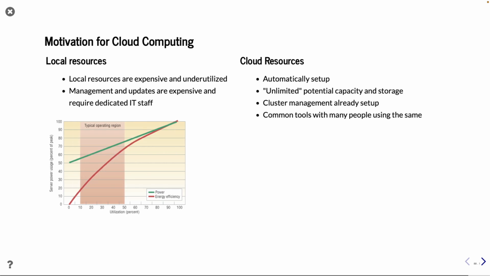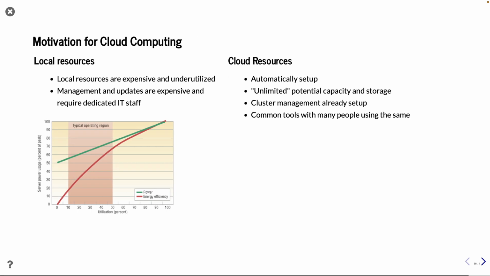And then, of course, what is pretty common right now, in particular if you do a lot of machine learning, is that you go to cloud computing, because local resources are expensive. You need to buy it, for one, and also you need people to maintain the system, and you rarely utilize the computer at 100%.